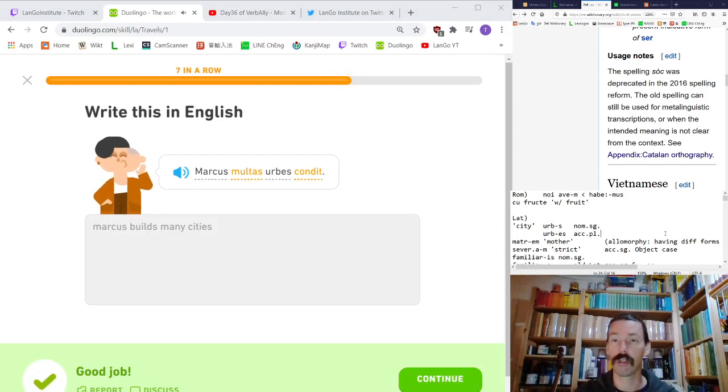And this reminds us that urbs is a feminine noun. It's going to be true for all of its forms, so I'll just put it here. Urbs, multas urbes.